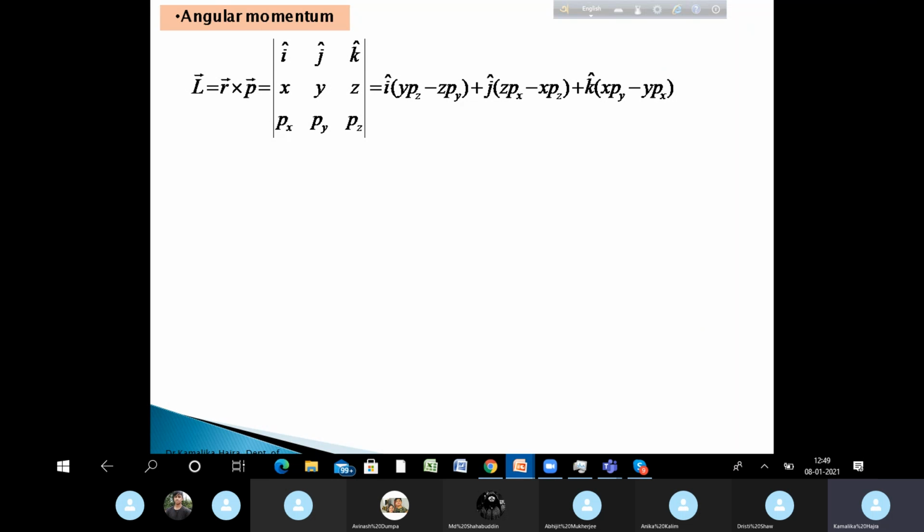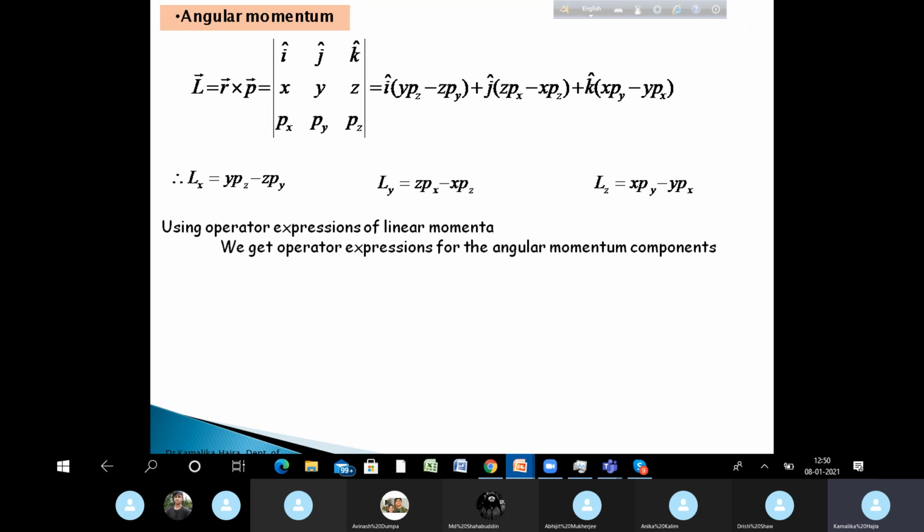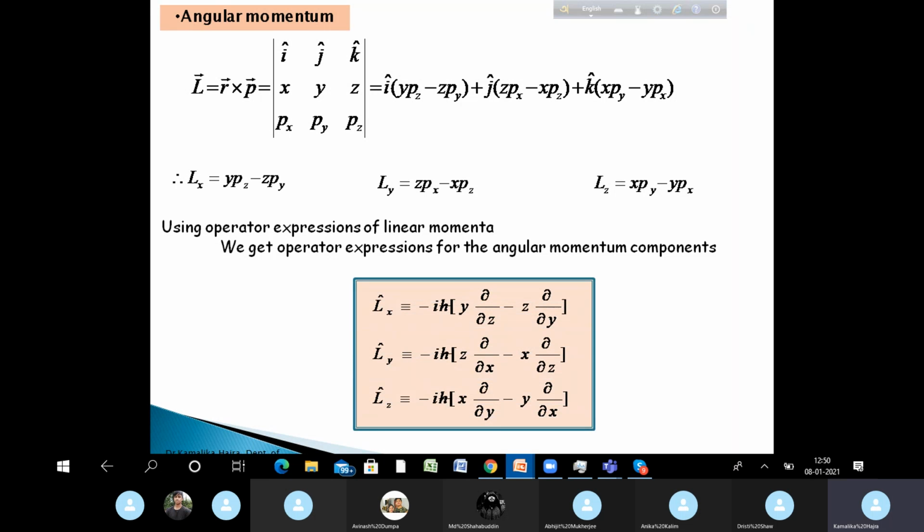Next comes angular momentum. You know the formula of angular momentum, and you can write it down in terms of the components. Therefore, the different components are in this form: Lx, Ly, and Lz. And using the operator form of the linear momentum in the three directions px, py, and pz, we can write expressions for the three components of the angular momentum operator.